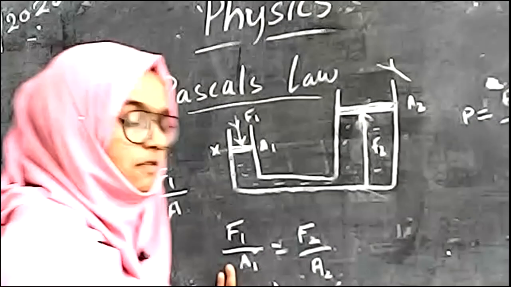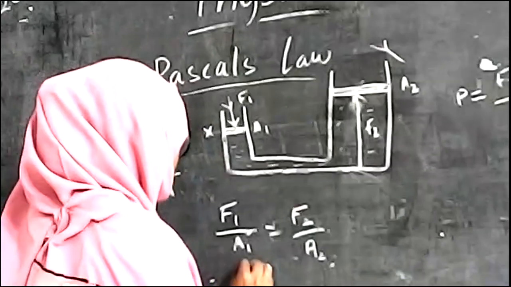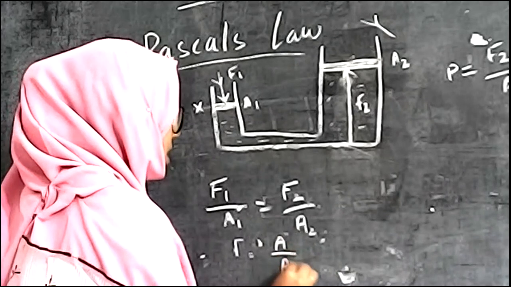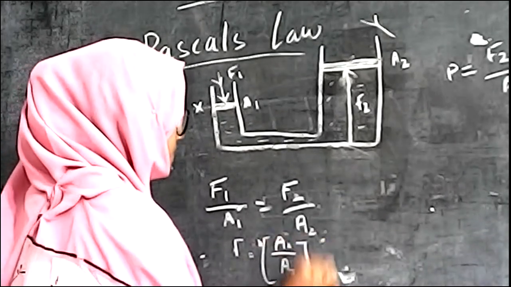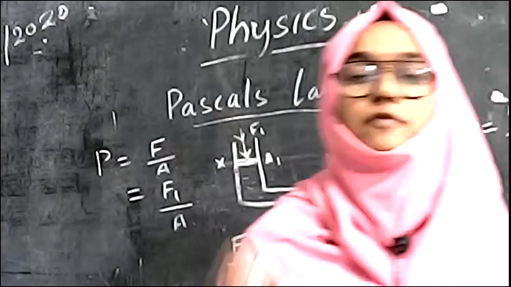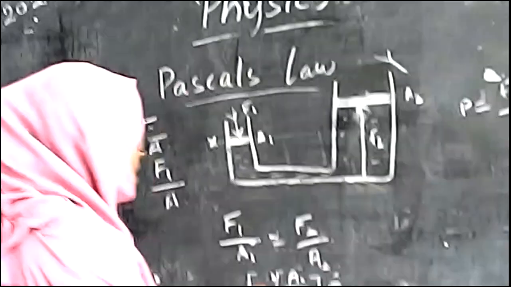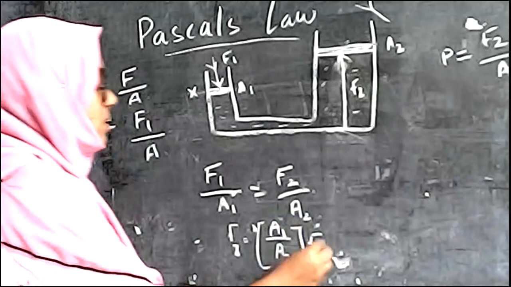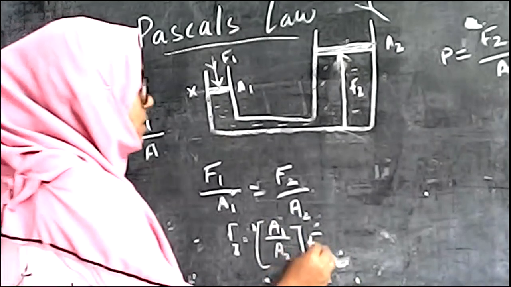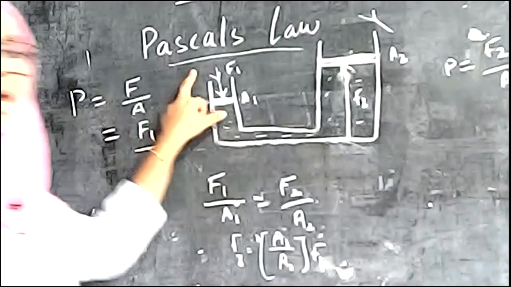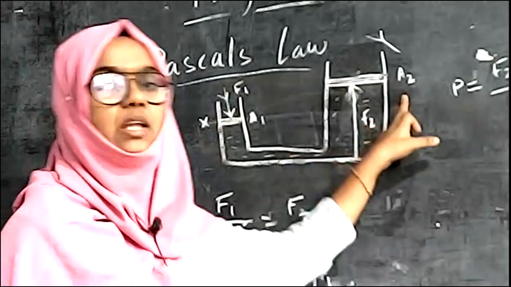From here we can write that F1 is equal to A1 by A2 into F2. For finding F2, we can write that F2 is equal to A1 by A2 into F1. Here is the force we are applying and here is the experienced force.